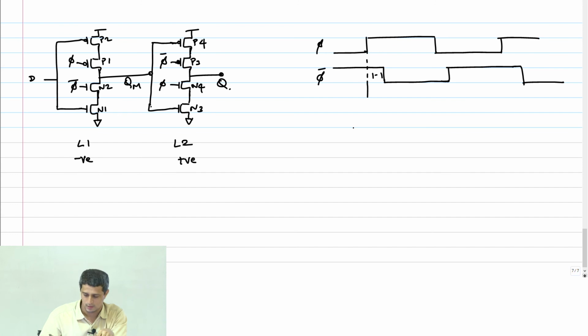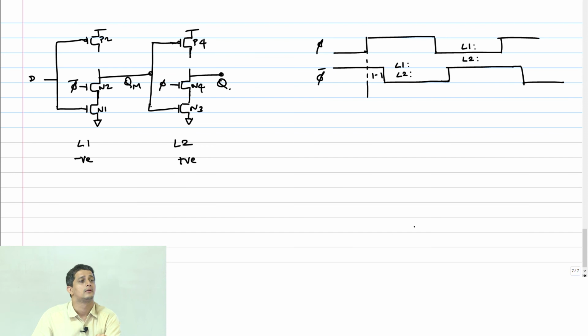P1 and P3. So I can remove these transistors. Correct? Now what is the condition that I have to analyze first of all? Okay, before that, tell me, after the overlap period, which latch is in which mode? L1, L2. Right? This is L1 and L2.